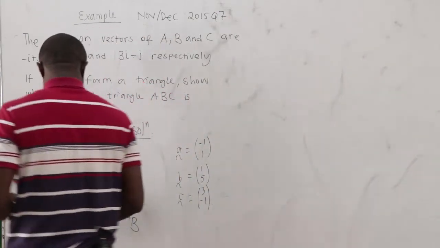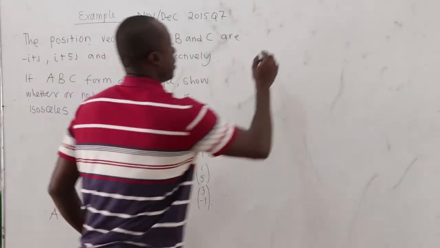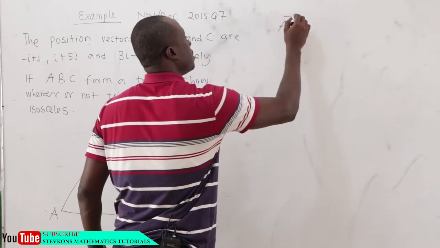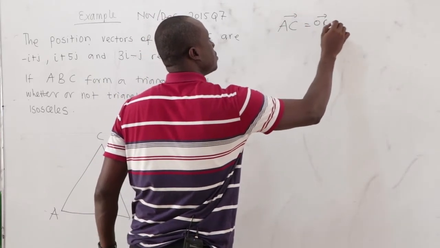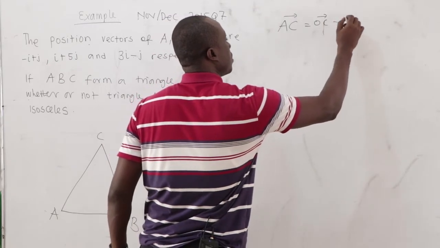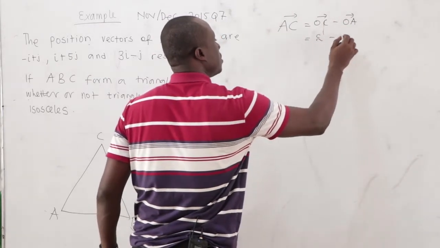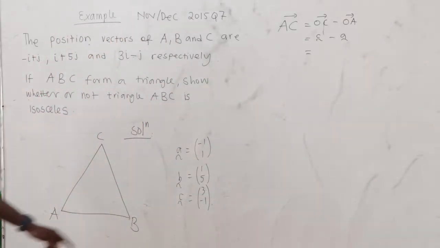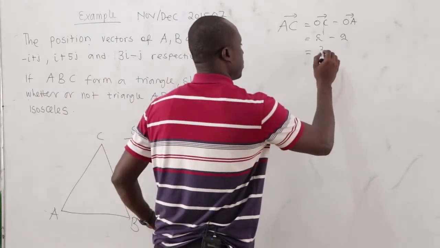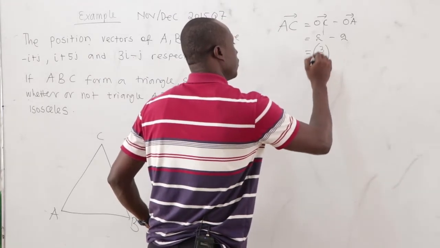Now, let's find AC. Now, AC is the same as what? OC minus OA, which is the same as C minus A. Now, what is C? C is 3, negative 1.